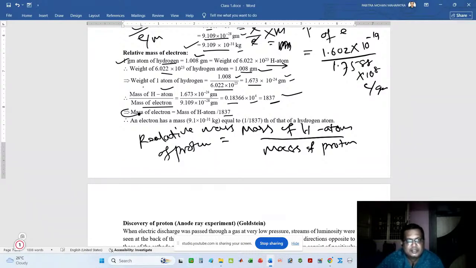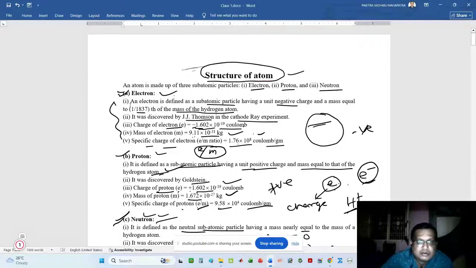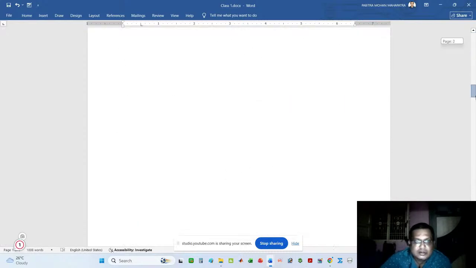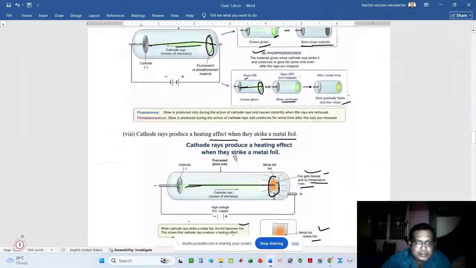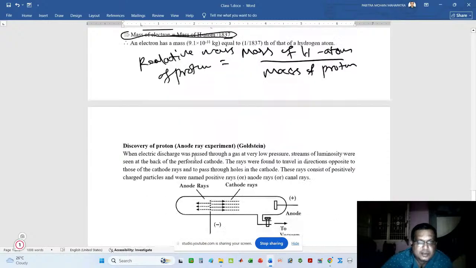This I have already presented on the first page. Look at that. What is an electron? An electron is defined as a subatomic particle having unit negative charge and mass equal to 1 by 1837 of the mass of a hydrogen atom. Already I told you. So now here I proved how they are related.